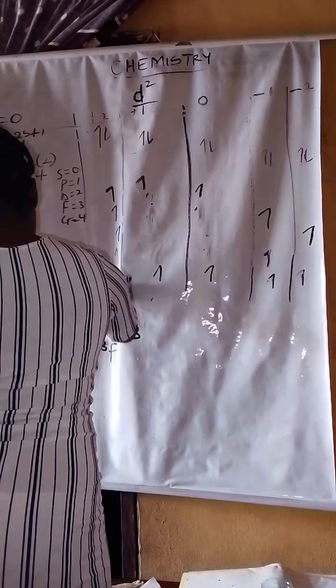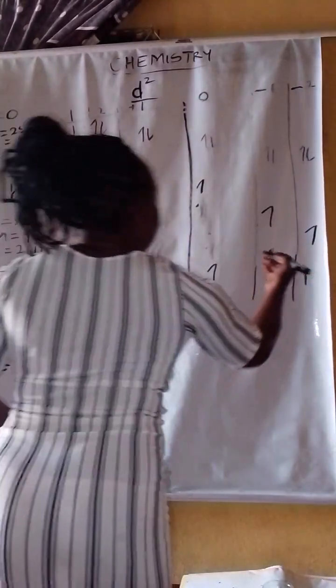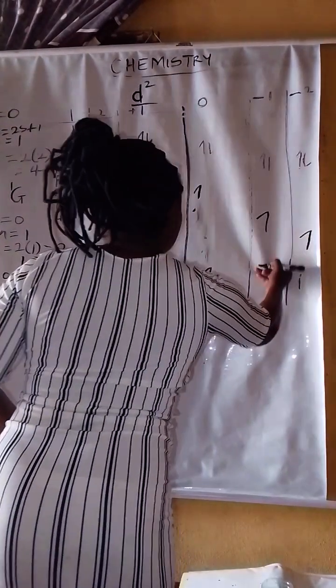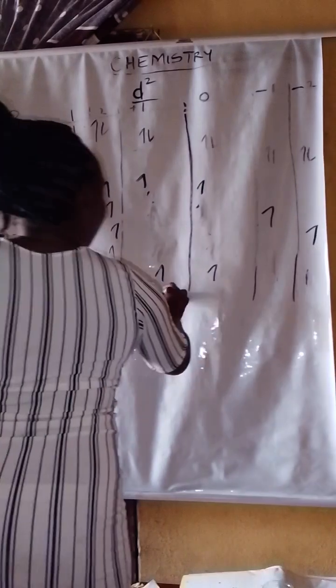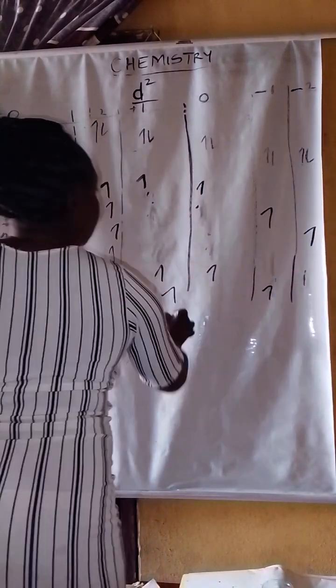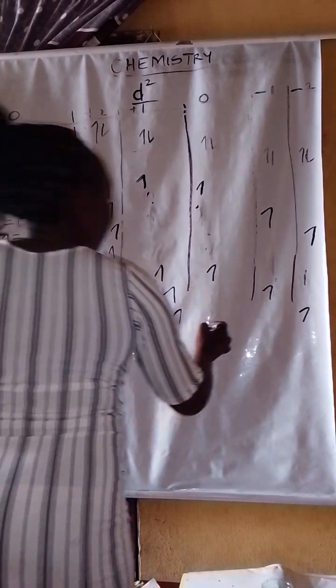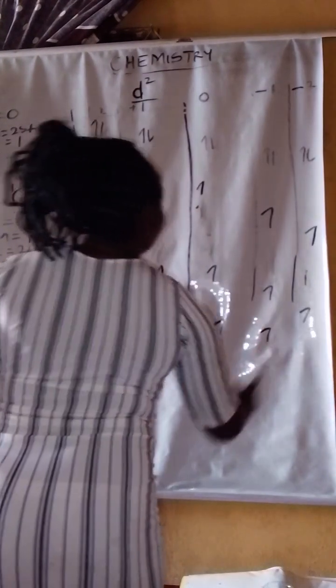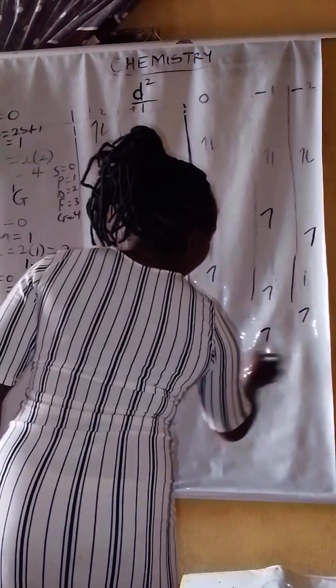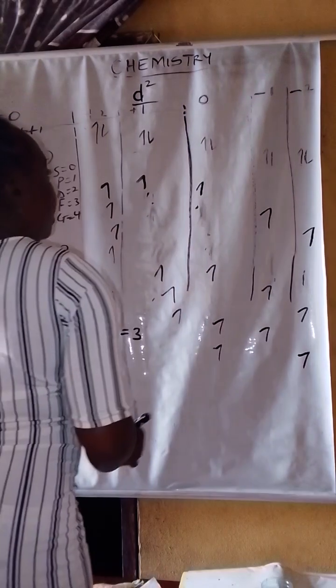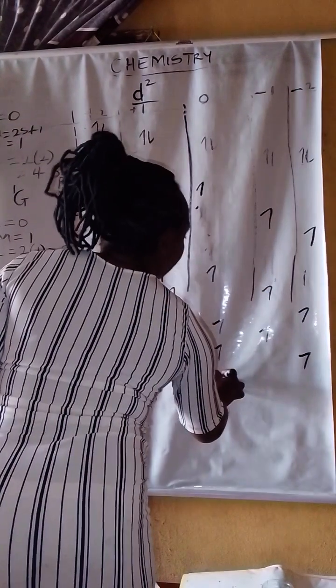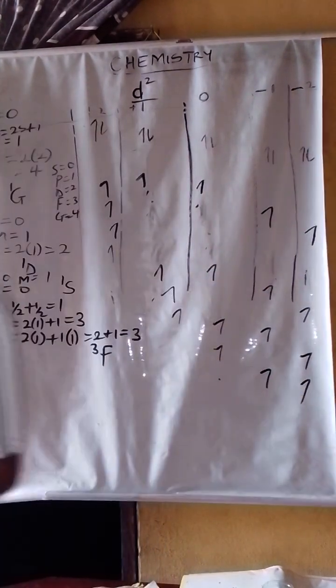So there are so many possible ways. 1 and 1. Then we have 1 and minus 1, 1 and minus 2. We can have a 0 and minus 1, a 0 and minus 2. Then we have minus 1, minus 2.